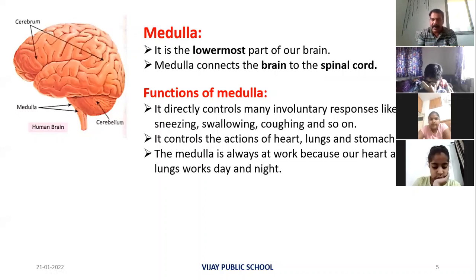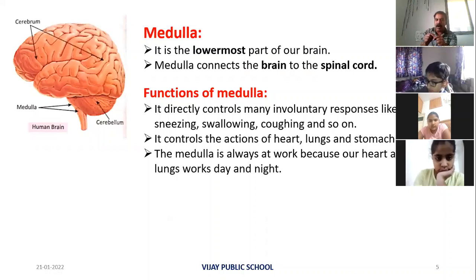Whatever action is taken by our brain, or whatever movements occur in the body, are processed in the brain. All the messages are sent to the brain, but before going to the brain, they reach the spinal cord, and from the spinal cord they go to the brain. Then the brain processes it and gives us an idea what to do. Some actions are such that the processing of the brain is not required; we have to take immediate action to save our life.